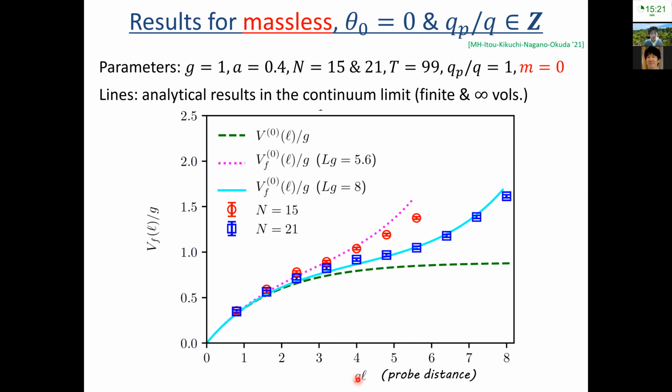And next, let us explore negative string tension behavior. So we have a potential for various values of theta. So we see that depending on theta, we sometimes change the sign of the slope. And we also compute the energy density when we have a negative string tension behavior.